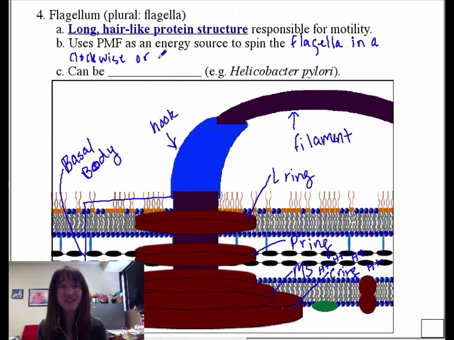And they're fast. In fact, the bacterium Vibrio alginolyticus can actually spin at 270 revolutions per second. This literally gives rise to a bacterium that can move at such a fast rate that if we compared it to us, I was going to pick on James and say James is running across the ultimate frisbee field, and probably James, you're super fast, right?